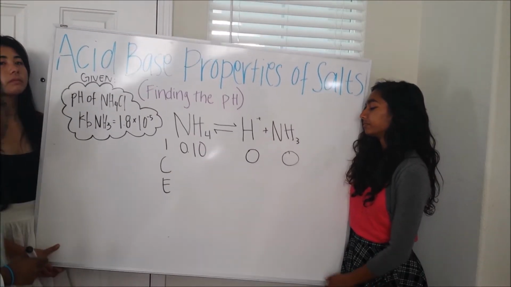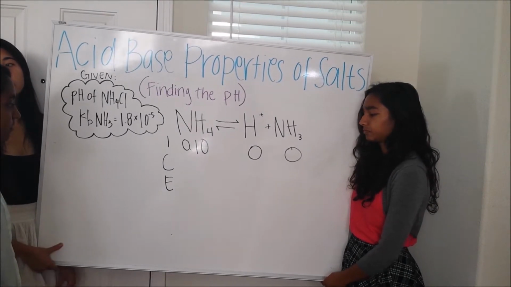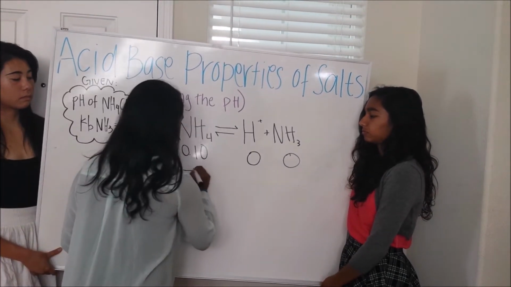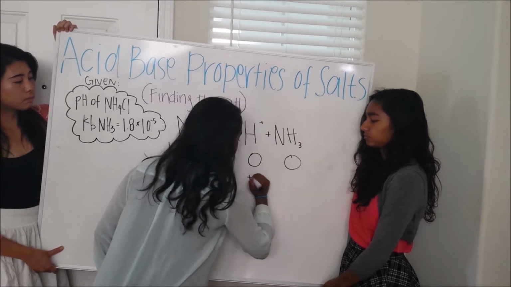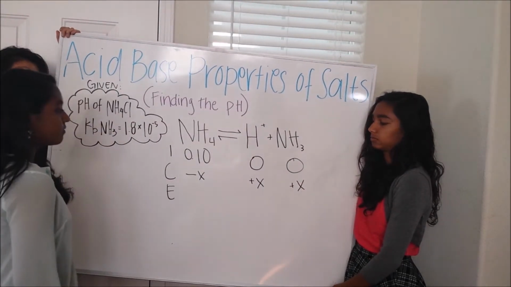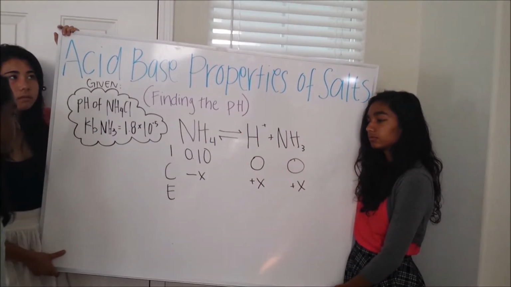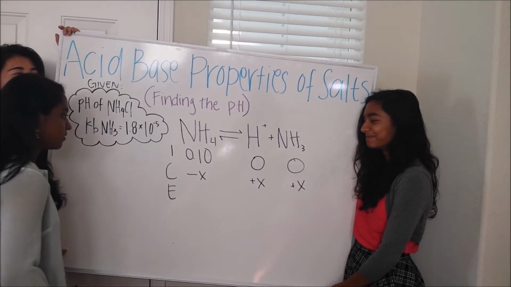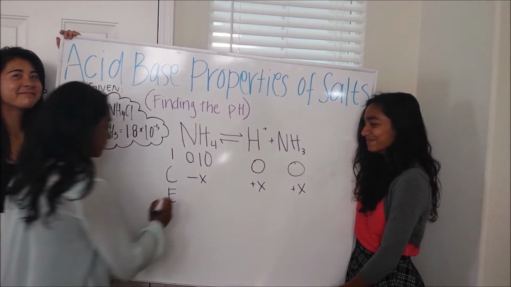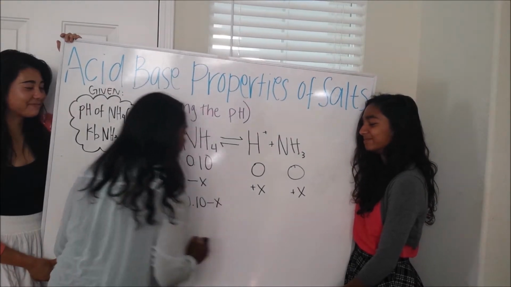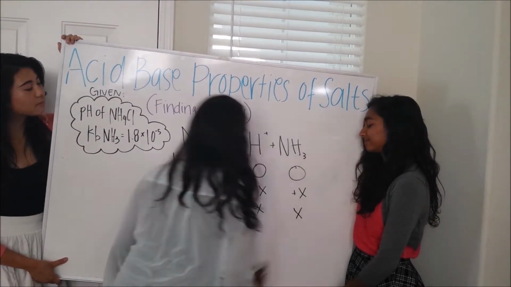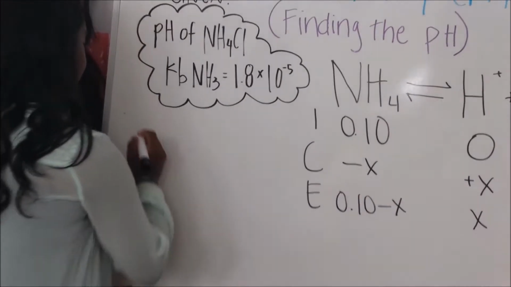Because Ka is favoring the product side, we can assume that the change is minus x for the reactants and plus x for the products. We add them together and the equilibrium equation for the ammonium ion is 0.10 minus x and just x for the products.